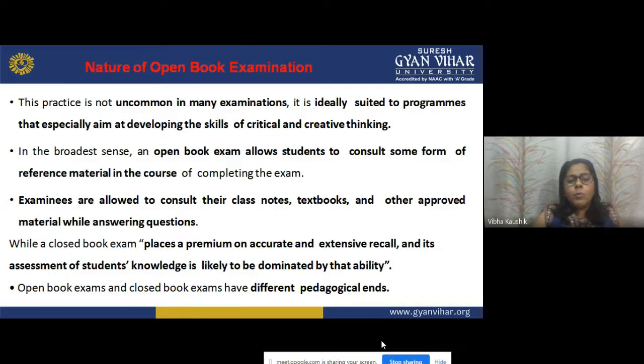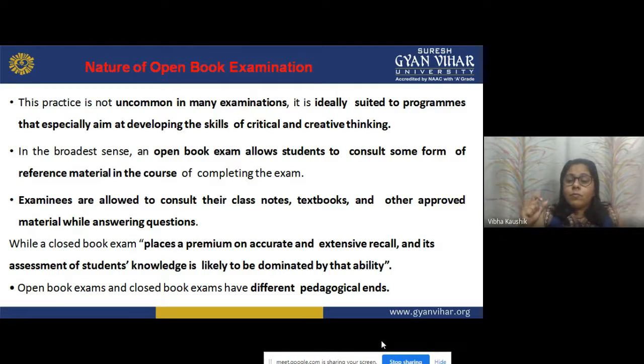While a closed book exam places a premium on accurate and extensive recall, means it is focusing on memorization and how you are recalling the information that you have memorized, its assessment of student knowledge is likely to be dominated by that ability.